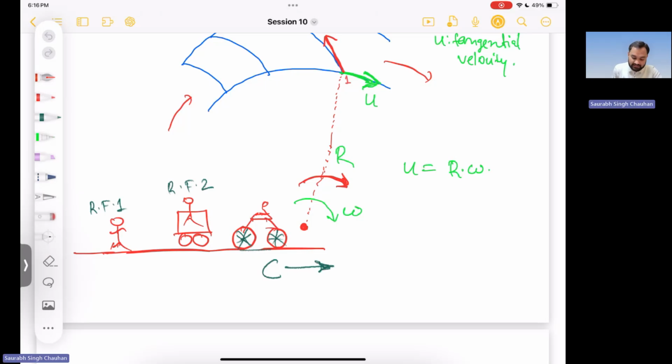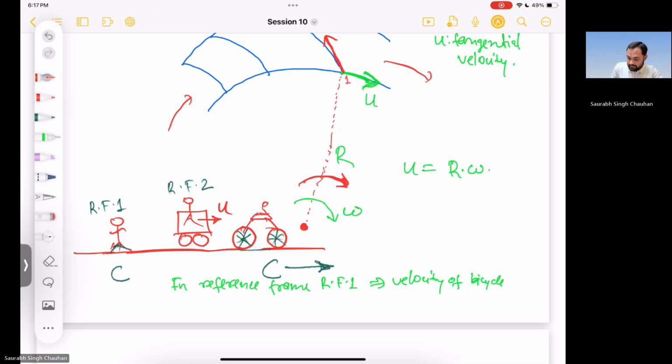Then in the reference frame of this observer who is at rest, the velocity of this cycle will be c. But for the person sitting in the car, moving at some velocity u, in reference frame RF1 the speed of the bicycle will be c only, because he is not moving.